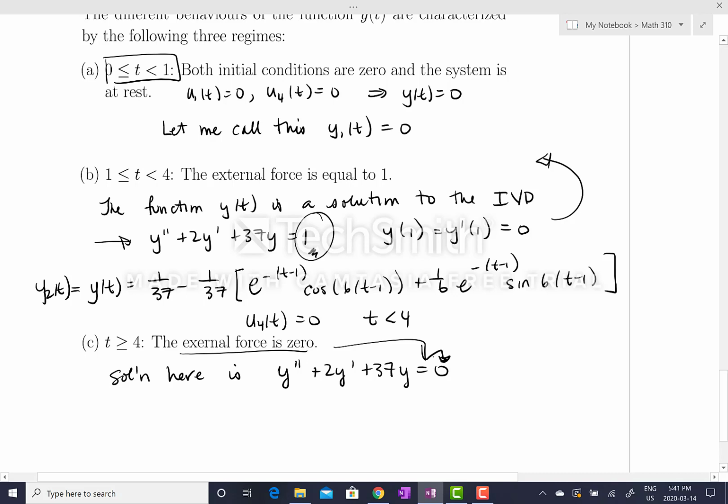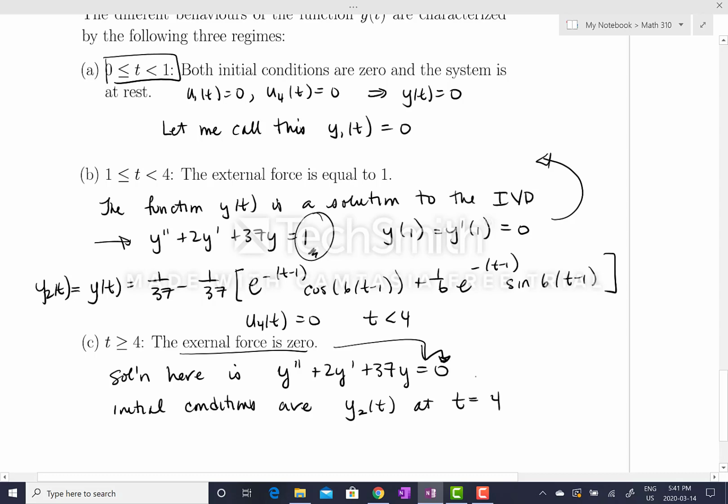However, the initial conditions, what are they? They are y2 of t at t equals 4.